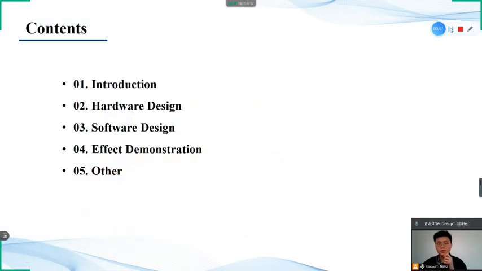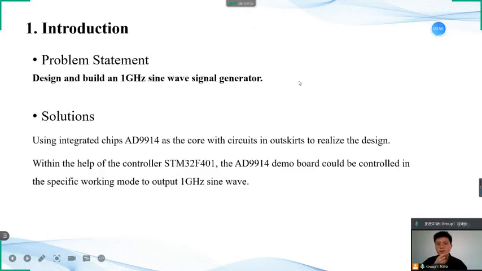This presentation is divided into 5 main parts: introduction, hardware design, software design, effect demonstration, and other suggestion and analysis. For this project, signal generator is one of the best tools for electrical engineers.